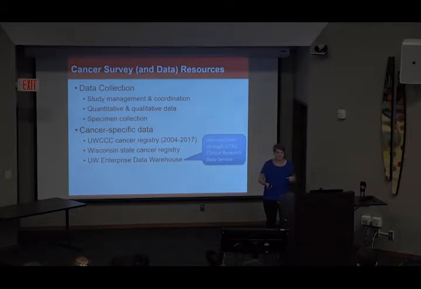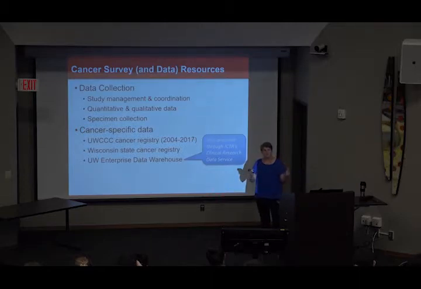They also have access to the UW Enterprise Data Warehouse, which is also available through ICTR. I think a lot of people don't know about this, but it pulls from health record data to have it a little more centralized and researcher friendly, but you still get them to do the query for you. And it's really good, a feasibility resource.